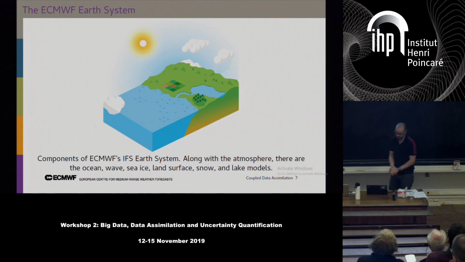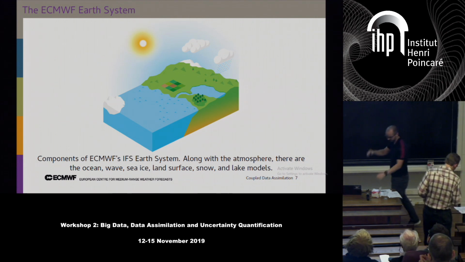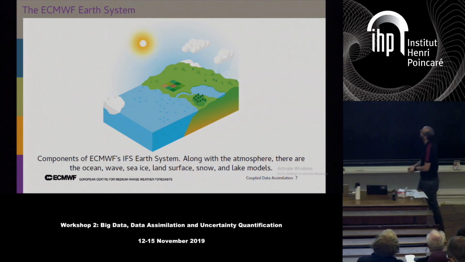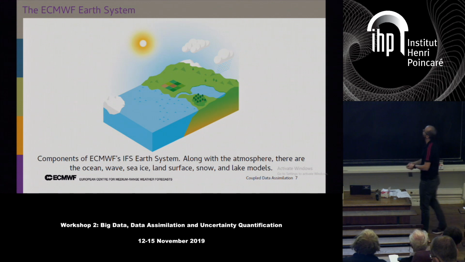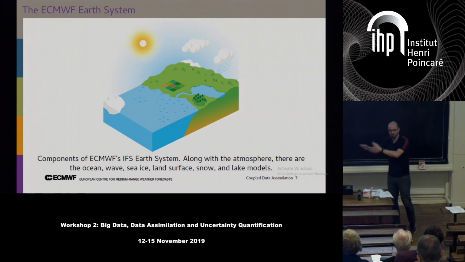So at ECMWF, what do we have? We have an Earth system model, so it's got a lot of components. It has the atmosphere, which you would expect for doing numerical weather forecasts, but it also has land, lakes, waves, an ocean, and sea ice. We almost have rivers.